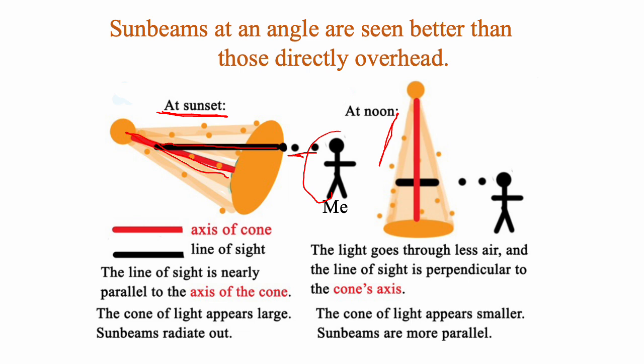As a result, the sunbeams appear to radiate out because I'm looking at the sun, and the cone of light is large because we see a larger cross-section of it, and because it goes through more atmosphere, so it scatters light. At noon, in contrast, our line of sight is perpendicular to the axis of the cone, so we see less of the cone, and the sunbeams appear to be more parallel.